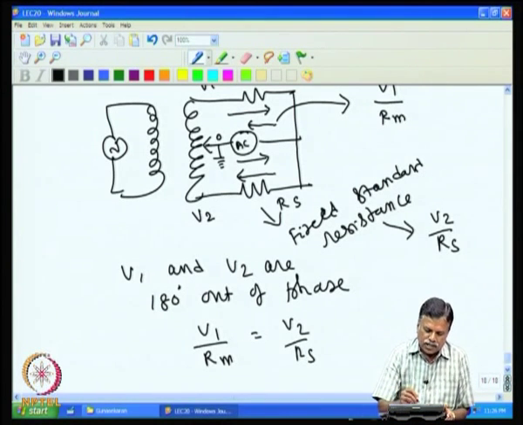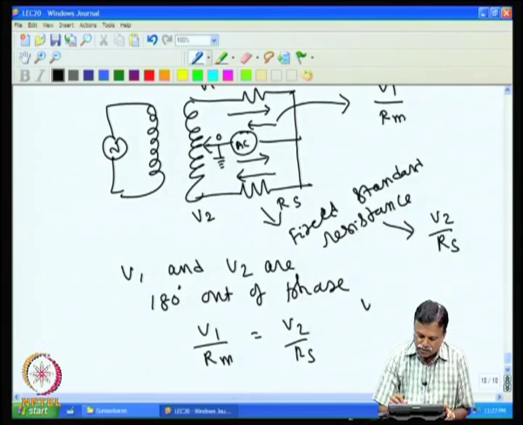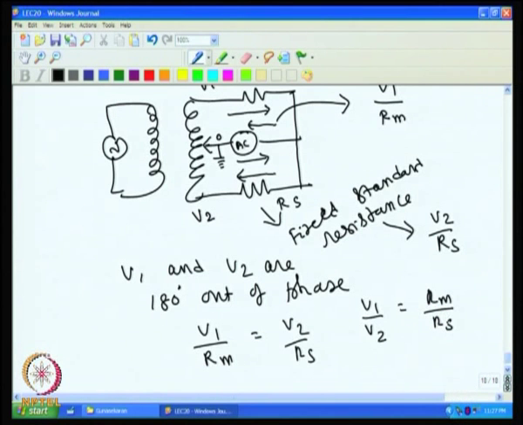If I have a provision to vary the center tap, the midpoint of the winding, then this voltage and this voltage will be varying, and V1 by V2 will give you Rm by Rs. So V1 by V2 would be equal to Rm by Rs. Essentially, if one knows V1 and V2, we can find out Rm, the unknown value, because Rs is known.